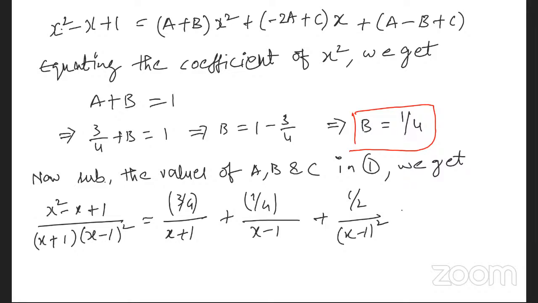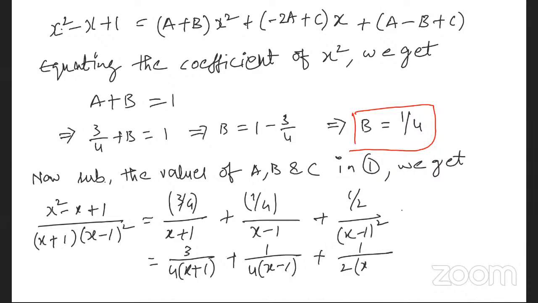Okay, this can also be written as 3/4 into 1/(x + 1) plus 1/4 into 1/(x − 1) plus 1/2 into 1/(x − 1) whole square. So this is how we are going to resolve.